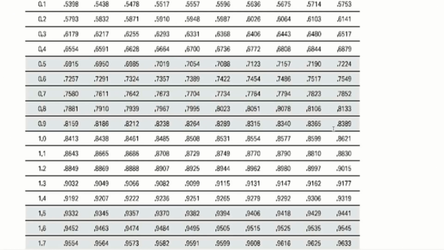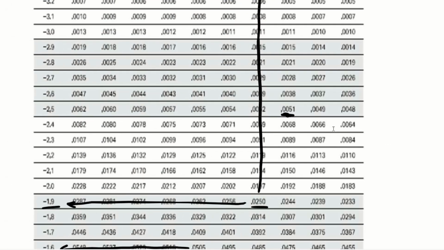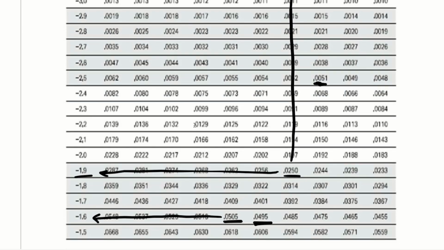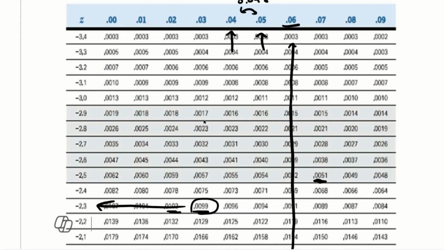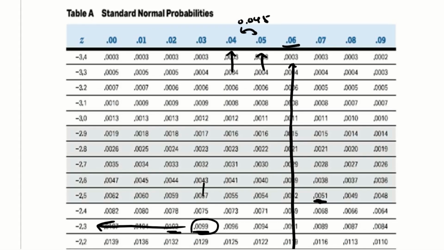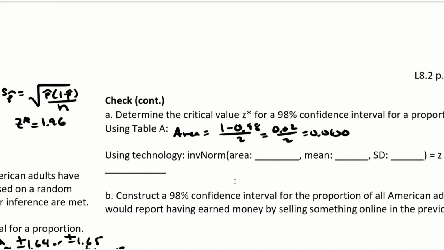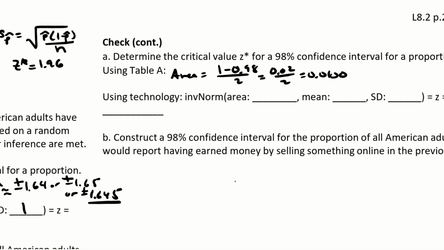This is the closest, so I would choose that. So that's going to be about negative 2.33. That would be my critical value from the table. So z star is approximately plus or minus 2.33.